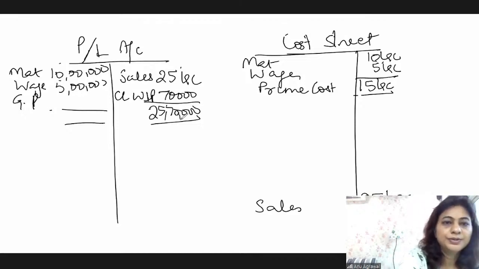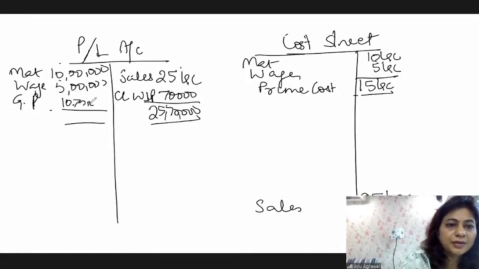So this is 10 lakh 70,000. So my gross profit is 10 lakh 70,000.